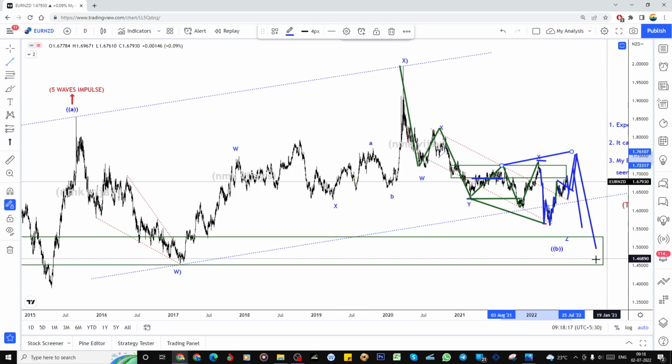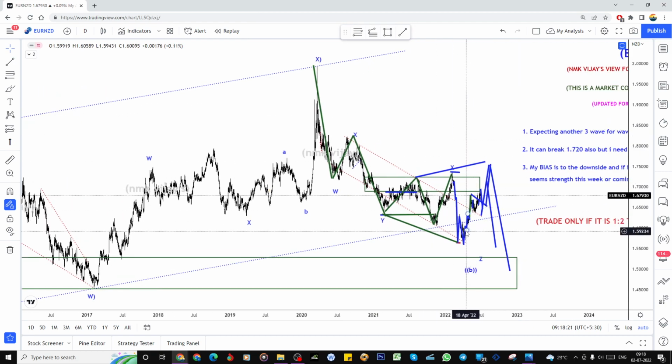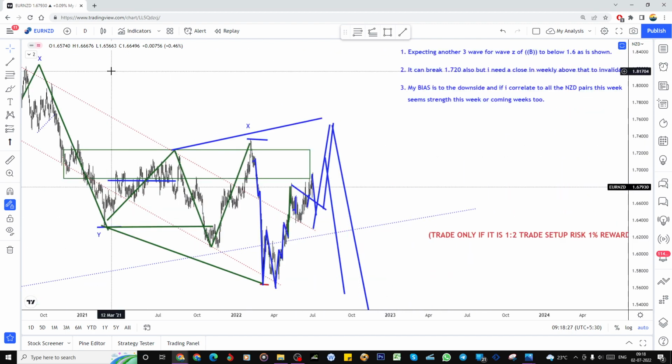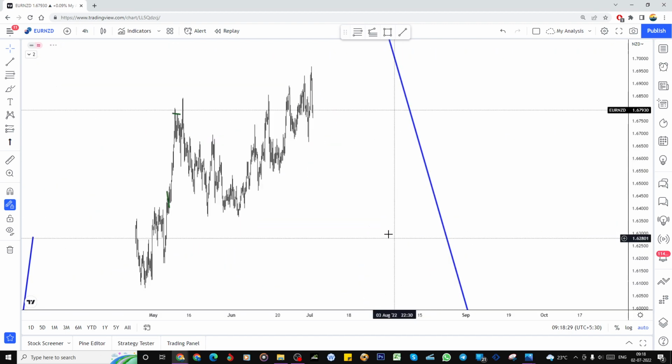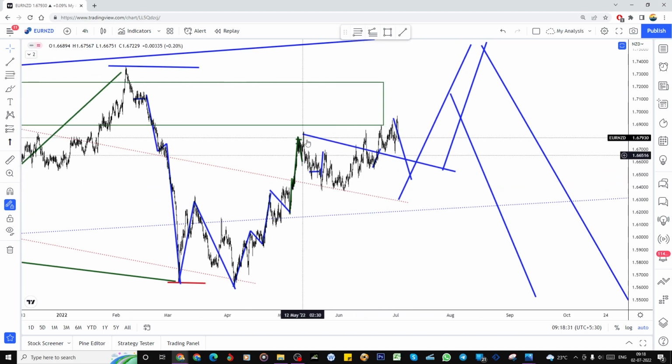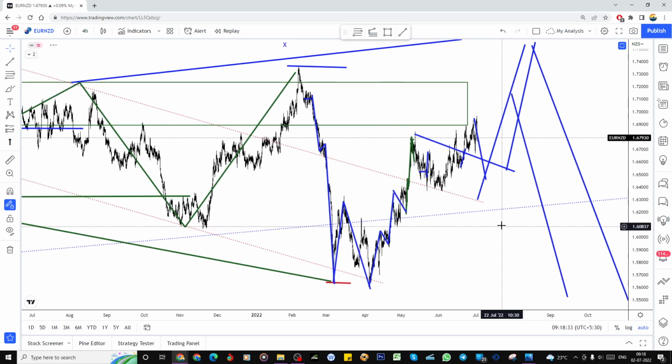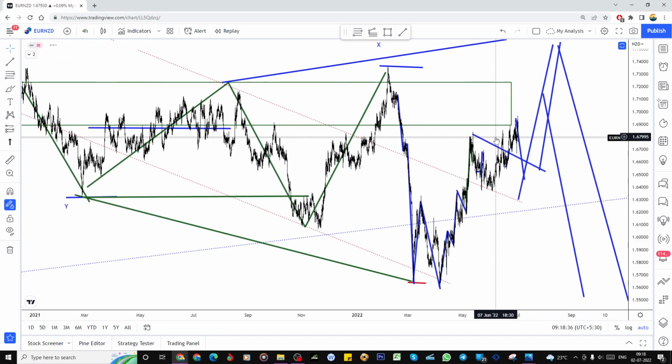This is the target, and it is still on the sell side only, not the buy side. I'm not going to be on the buy side, right? So it's the same plan, no change here. For the shorter term, I'm expecting a little bit of downside here, and one more up is possible, right?